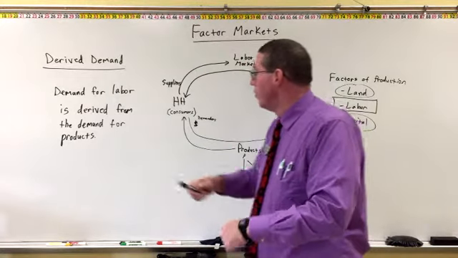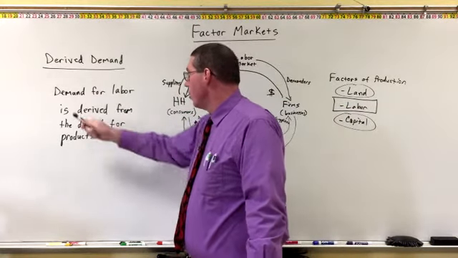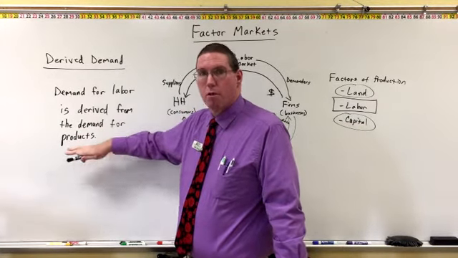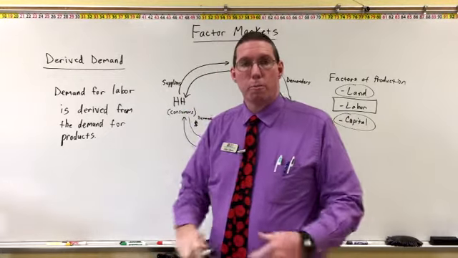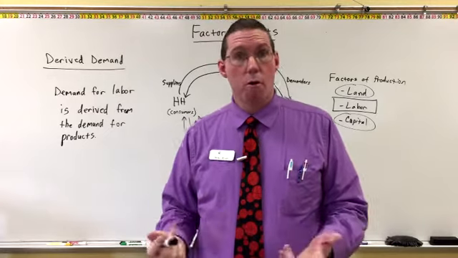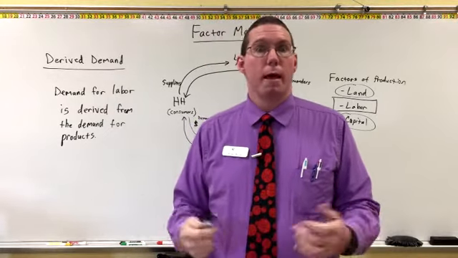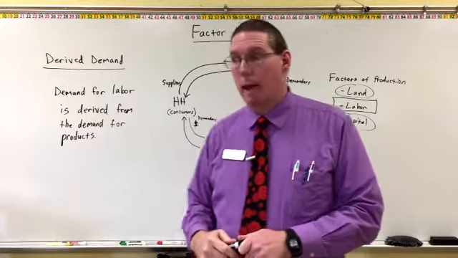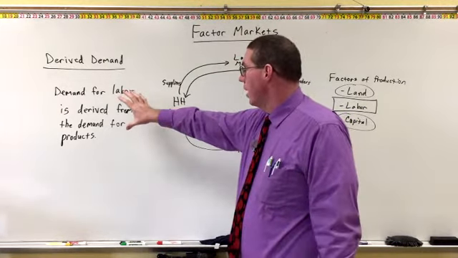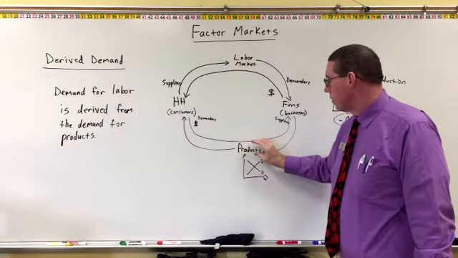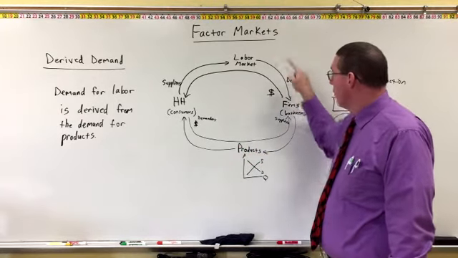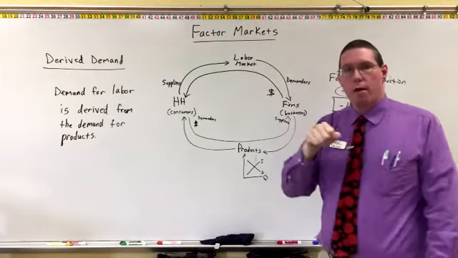And so the demand for lamp lighters is going to be derived from the demand for having gas lamps on the road. And since there's no more demand, really, or at least not in America, to have gas lamps lighting the roads or lighting the sidewalks, then there's no demand for a lamp lighter. And so it's important for you to understand that the more that a product is in demand by consumers, then the more there will be a demand for the labor that produces that product.